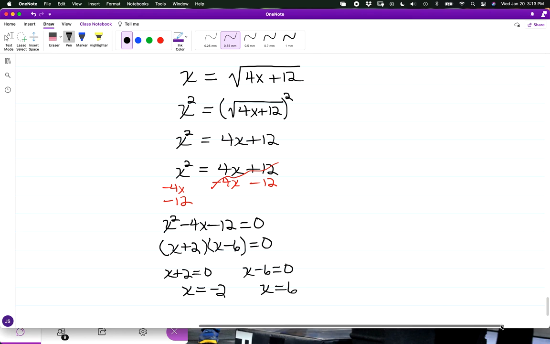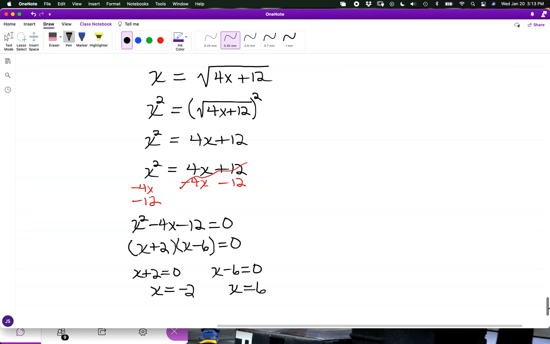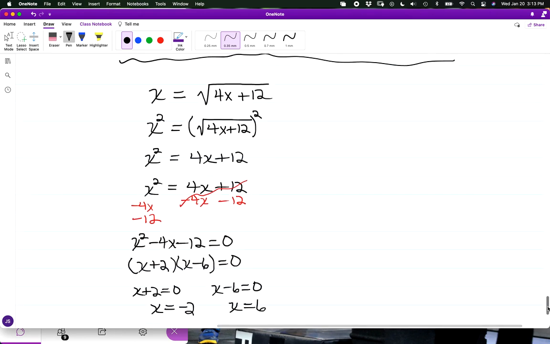And now, with even root radical expressions, you don't have to write it out, but you should check your results. If I check x equal to negative 2, again, this is our equation.